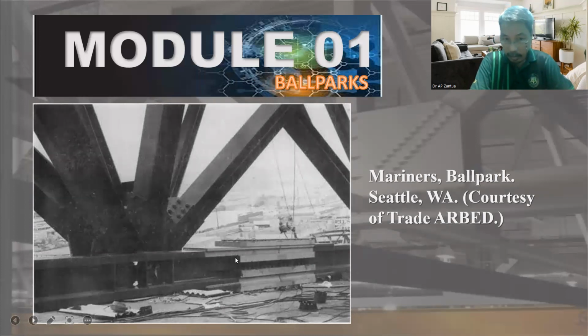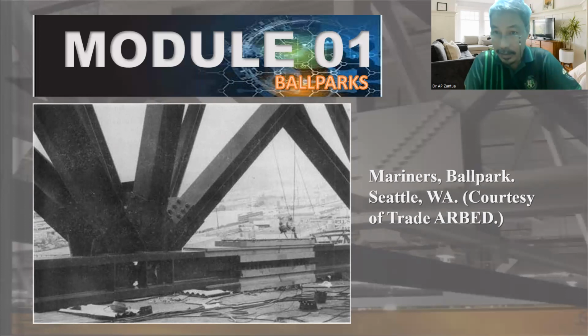There are plenty of plates and bolts in order to get the desired strength of the connection. You also have the connecting plates here, bolting the trusses to the beam.